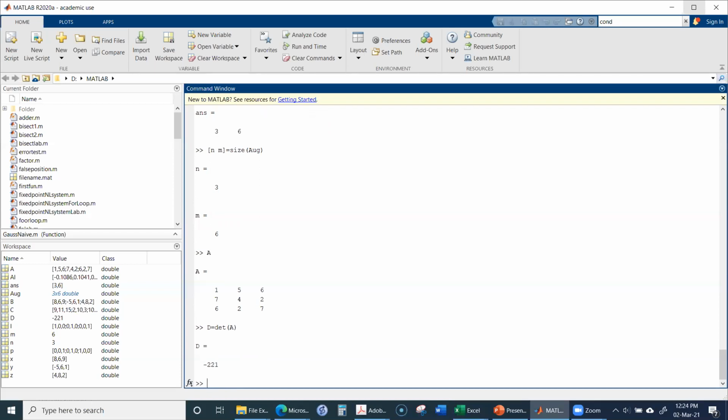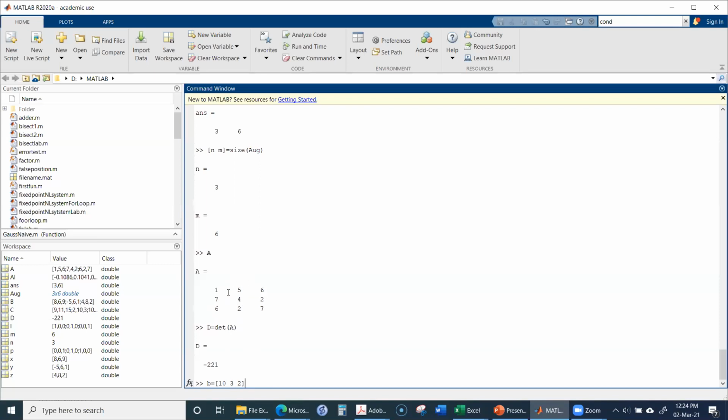And you can apply Cramer's rule also. If you have a system of linear equations, for example, if A is this and B is 10, 3, and 2, with equations 1x1 plus 5x2 plus 6x3 is equal to 10, 7x1 plus 4x2 plus 2x3 is equal to 3, and so on.